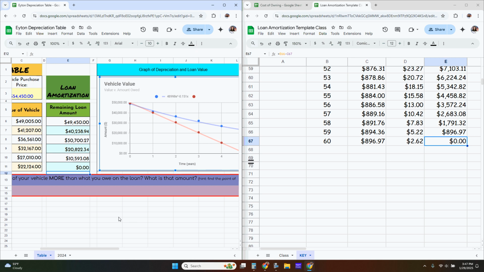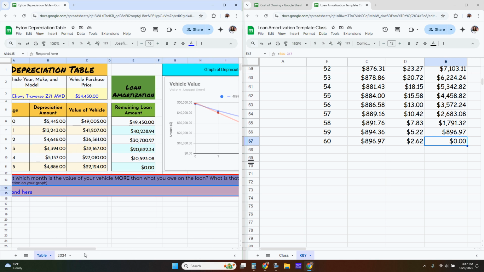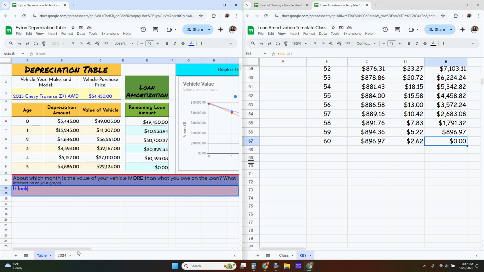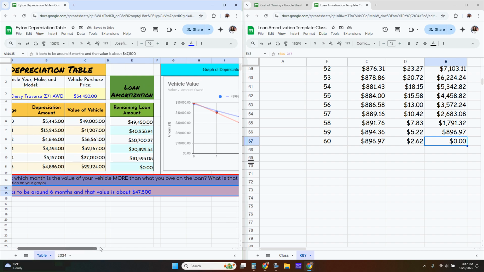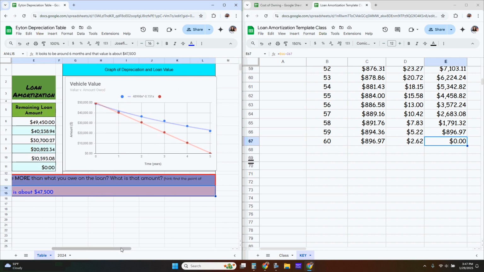I would go ahead and type that in here. Let's say it looks to be around 6 months because it was halfway between 0 and 1, and that value is about $47,500. Again, we're just estimating, but that's a really important point and value to recognize.